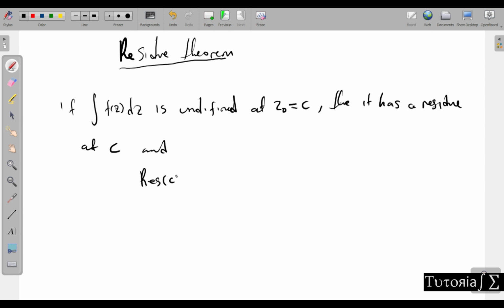The residue at c is given by the limit as z approaches c of z minus c times f of z. That is how we find the residue at c.